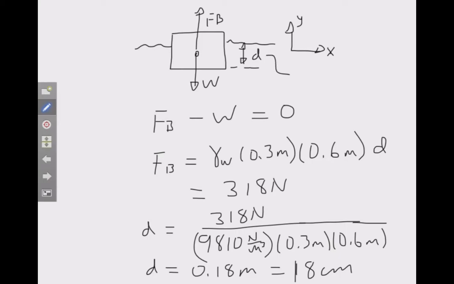So we know that 18 centimeters are submerged and 12 centimeters are above the water line.